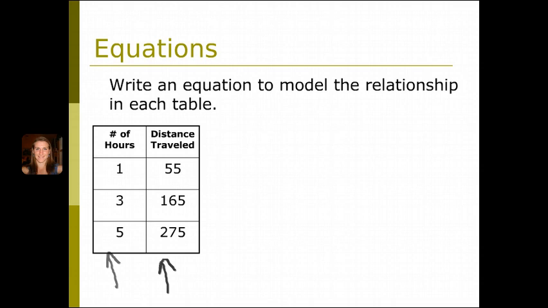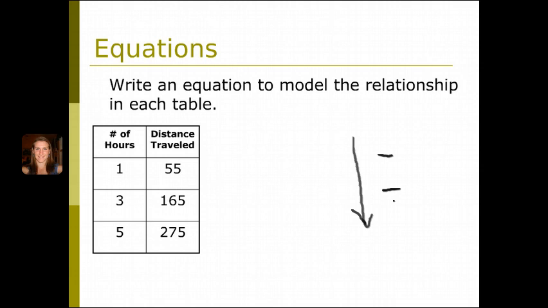If the answers in the second column are getting bigger, you would either be adding or multiplying, right? Makes sense. The only way you can get things bigger is to add something to it or to multiply something by it. If the numbers in the second column are getting smaller, you're either subtracting or dividing.